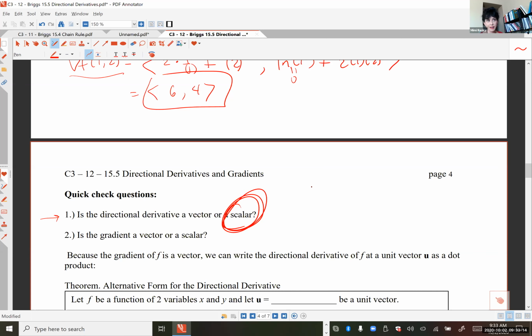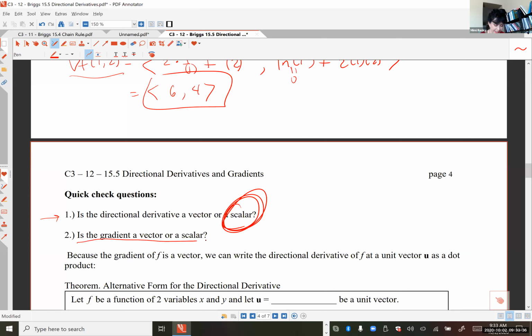Know that. So often on midterms and finals, I ask a student for a directional derivative and they give me a freaking vector. I'm like, what? I don't even give them partial credit. I don't care what they did. I just take away all their points. It's like, you missed the boat, buddy. It's a scalar. It gives you a slope.